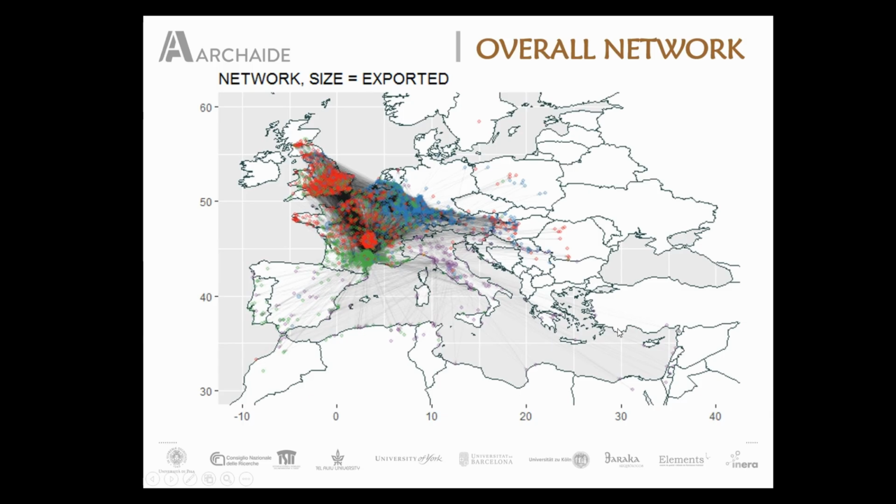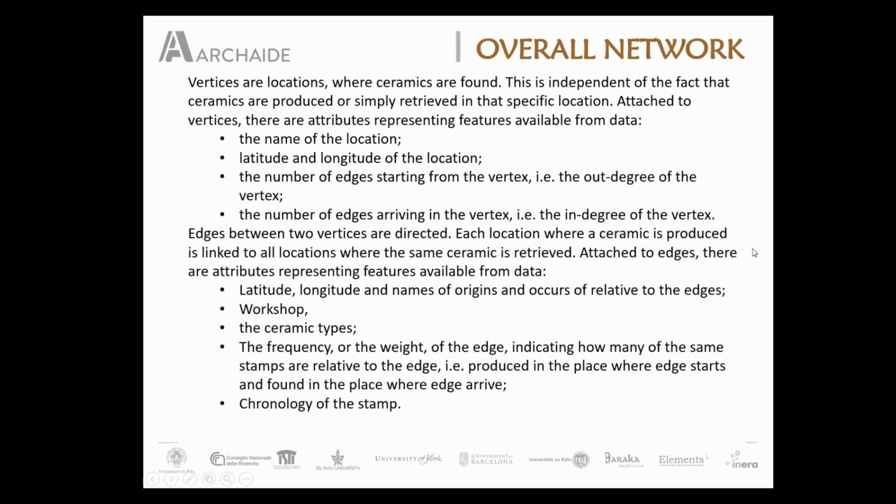This is the first result of the overall network, all the data linked together in the way I explained before. So, what's the meaning of our previous image? Vertices are locations where ceramic is found.